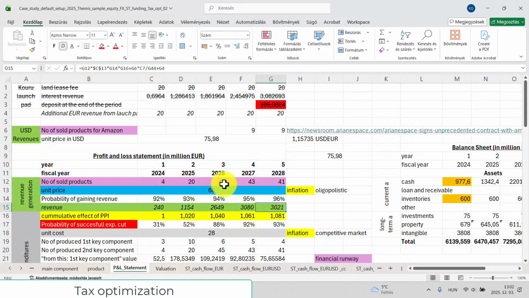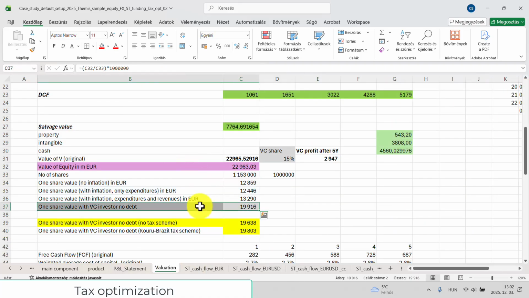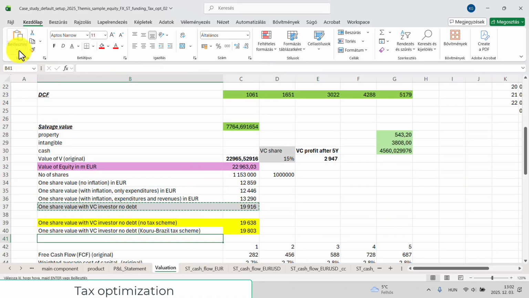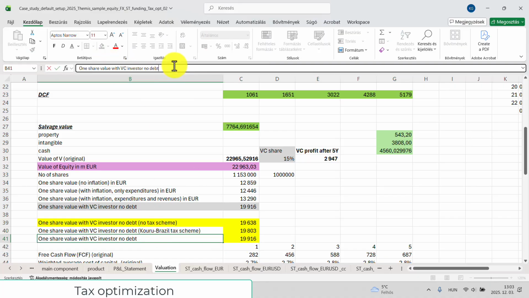Yeah, so in this case, we're just collecting it, putting it into a bank account, happy cash reserves will be built up, and then we can see that running this scheme has absolutely no impact or even terrible impact, because at the end of the day, without running the tax scheme, we can make more money for the shareholders.